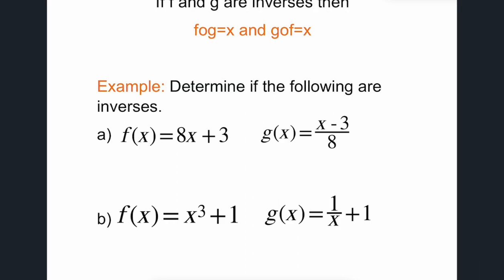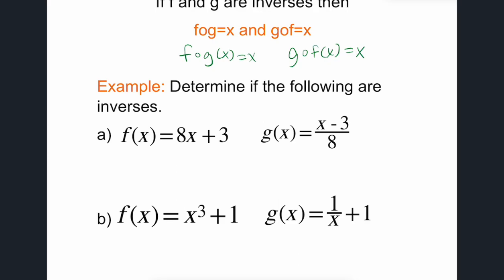It says if f and g are inverses, then f of g of x equals x and g of f of x equals x. I couldn't type it out very nicely when I made this. Let me write it a little nicer. That composition will always get you x.